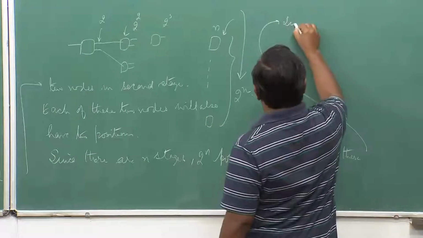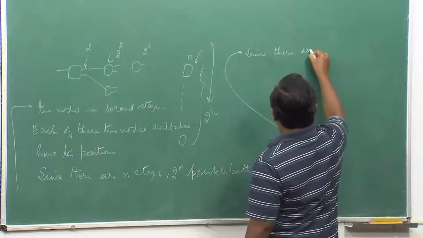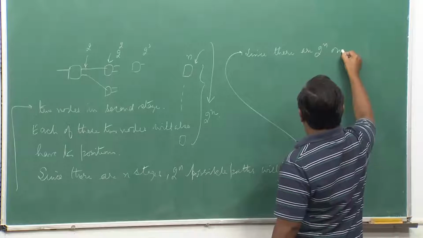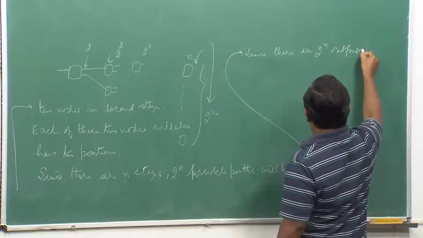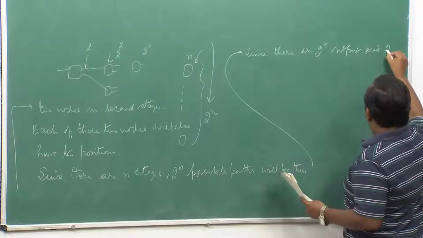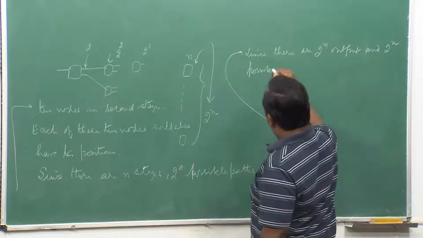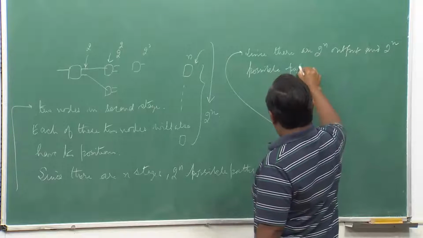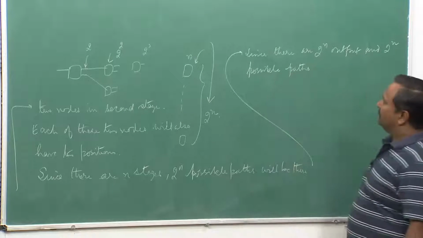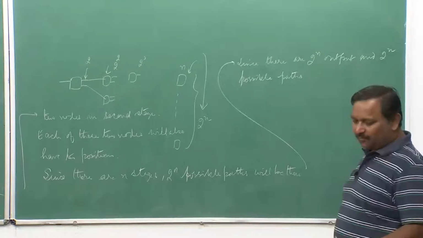And since there are 2 raised power n outputs, and 2 raised power n possible paths, so outputs and each of the paths should have a unique one to one correspondence.